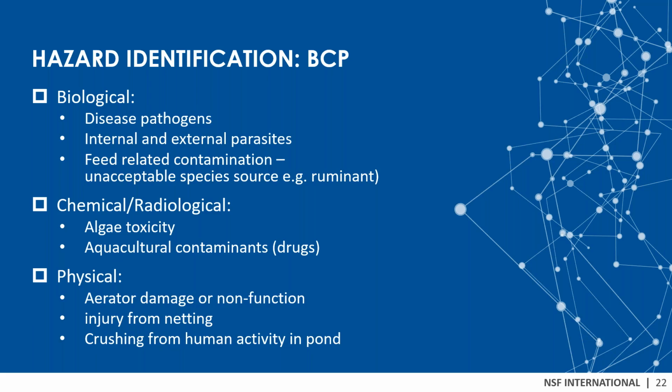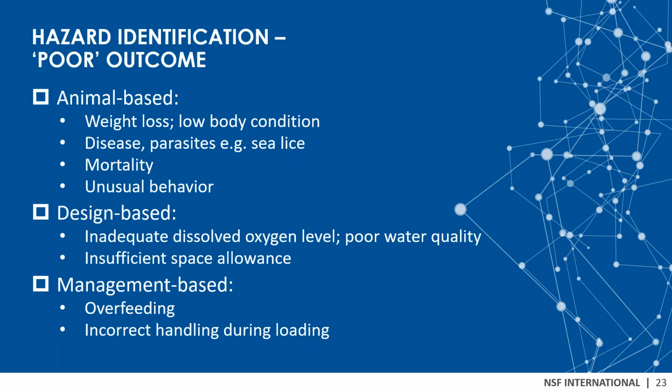And physical could be things like an aerator damage or non-function, injury from netting, or crushing from human activity in the pond itself. So obviously these are just examples and they may or may not apply to your facility, but it should give you a sense of how you can look at that BCP structure for categorizing and identifying your hazards.